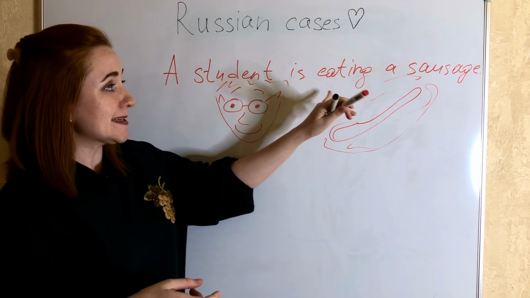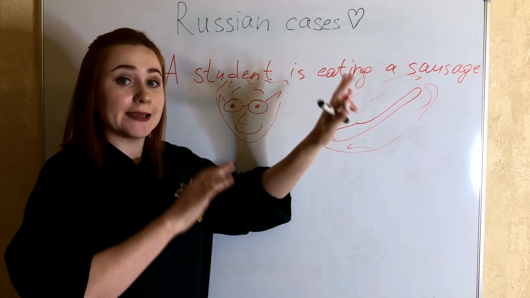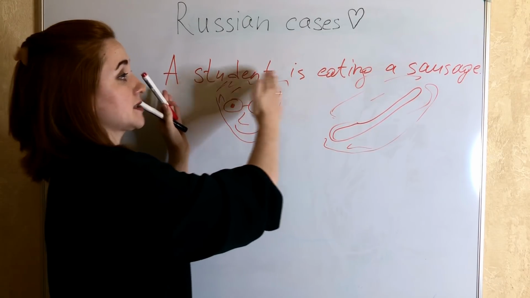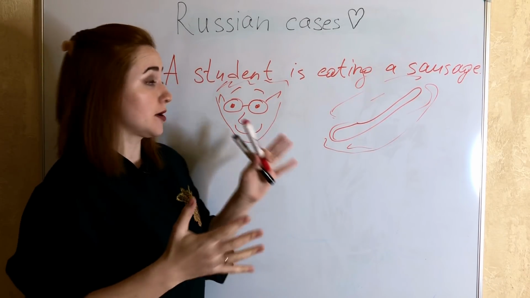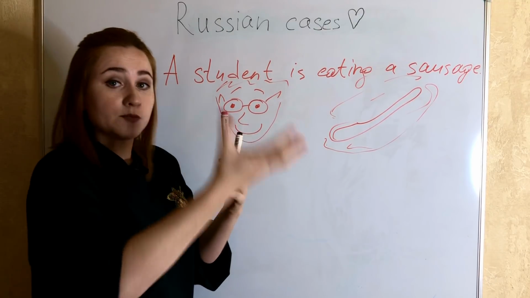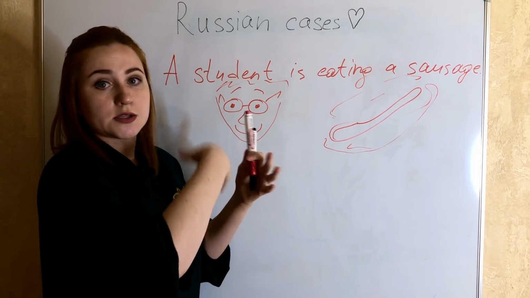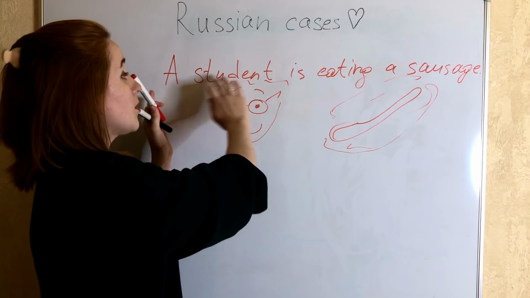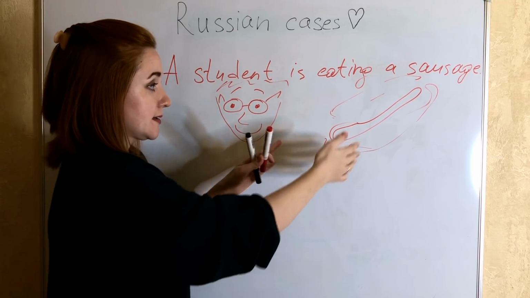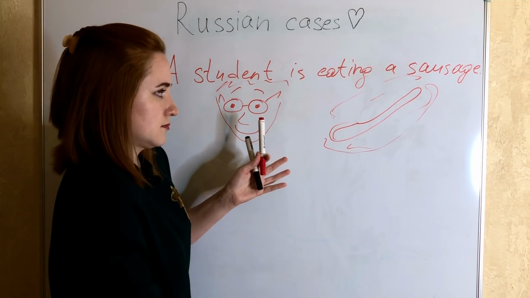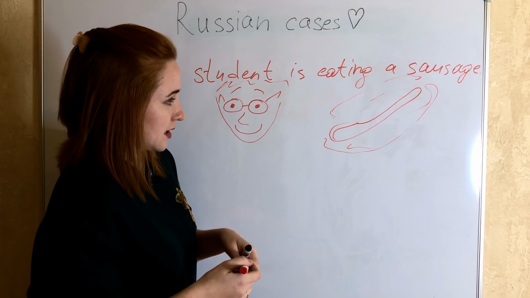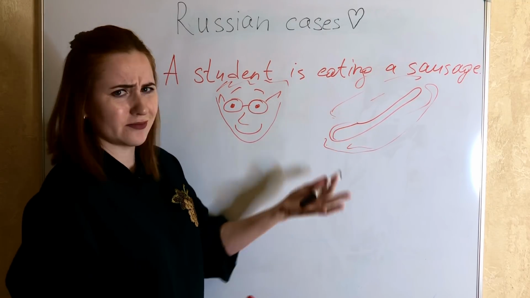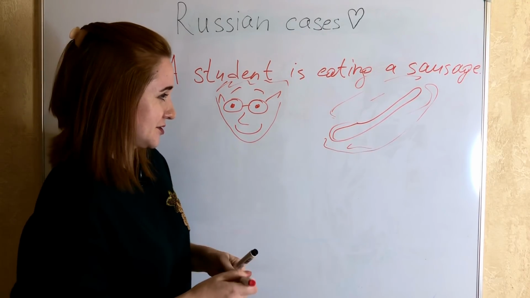A student is eating a sausage. In English, we have a very strict word order. Remember? So, the subject is doing something to the object. It's obvious that this guy is eating this alien clam. So it's a sausage.